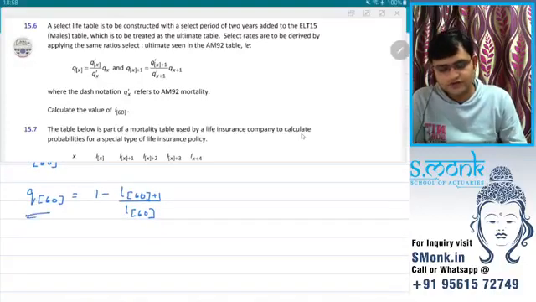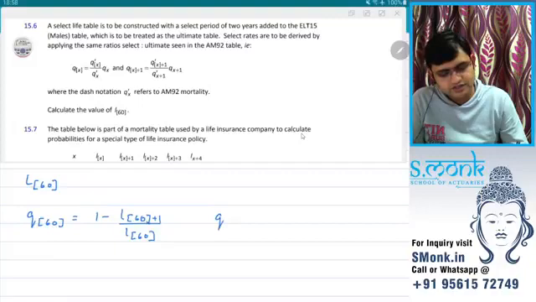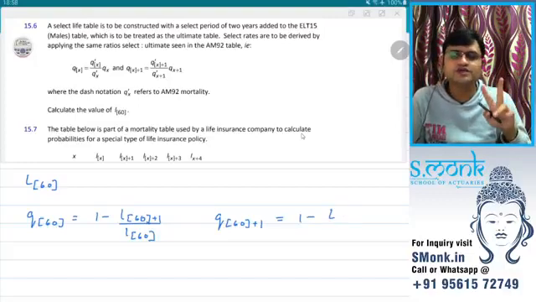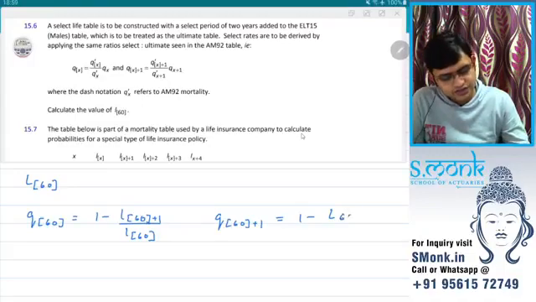So if we can figure out this, then we will be able to figure out this. Then where would we get this value? This value we will get from Q select 60 plus 1. Q select 60 plus 1 will give me 1 minus of L62 by L select 60 plus 1, because we are saying 2 years of select period. After 2 years it becomes an ultimate value.